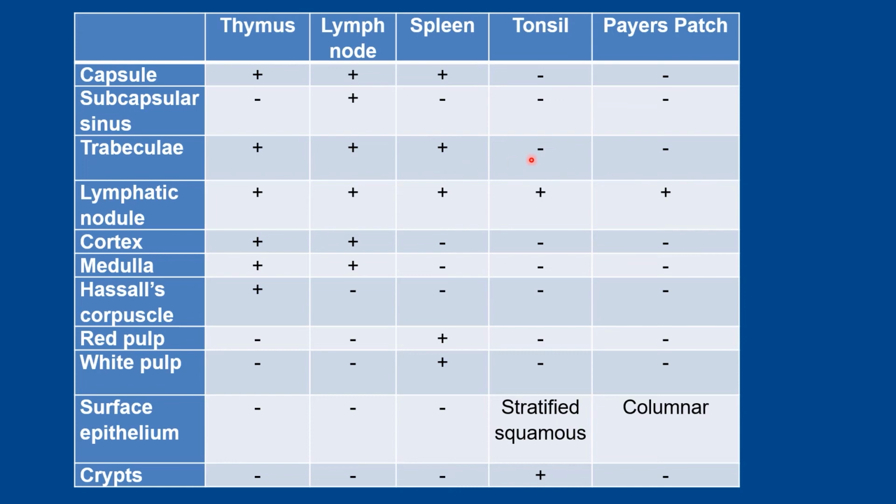It is absent in the tonsil and Peyer's patch. Lymphatic nodules, those are the collections of lymphocytes, are there in the thymus, lymph node, spleen, tonsil and Peyer's patch. Lymphatic nodules are there in all those lymphatic organs.